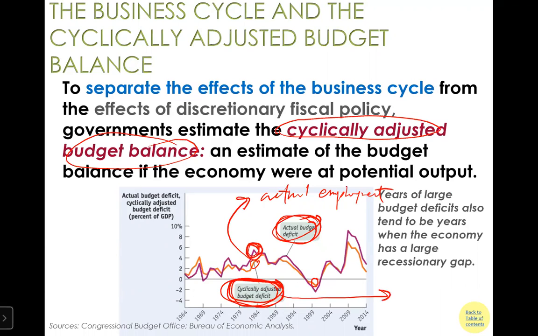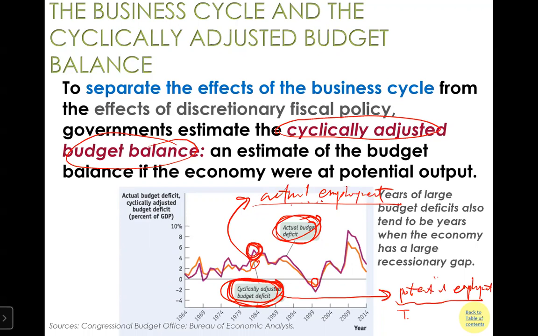And this is the cyclically adjusted budget deficit, so we just plug in the potential employment level. And what's the difference between these two? When we are in a recession, the actual employment is less than the potential. That just means the tax revenue we can collect in recession is going to be smaller compared to our potential.